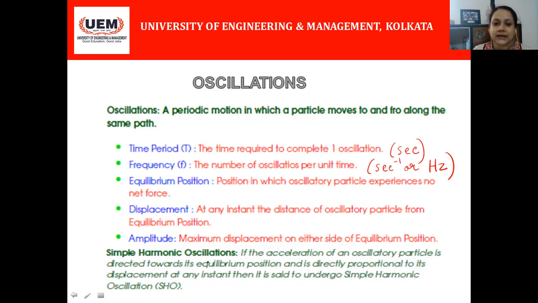The force that is operating on the oscillating particle at every position of its path is directed towards the equilibrium position. So the force tries to bring back the oscillating particle to its equilibrium position.